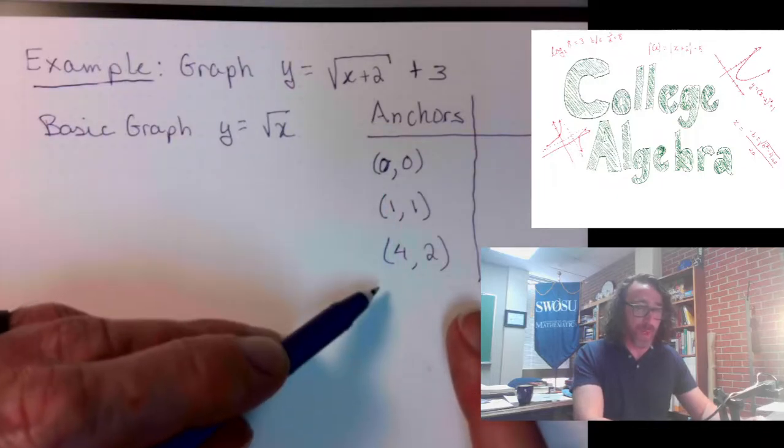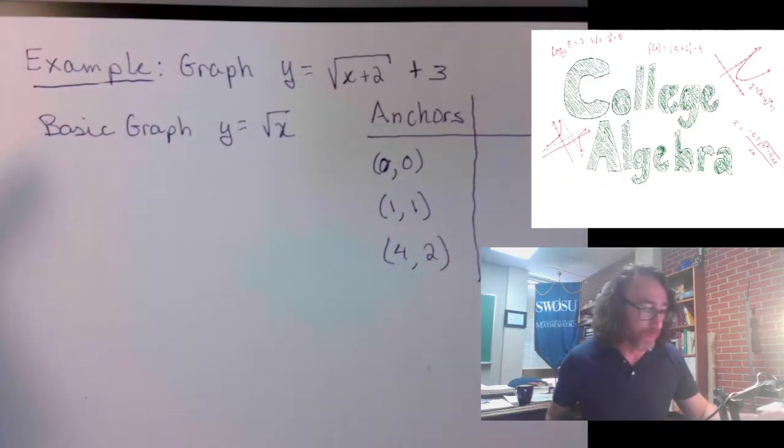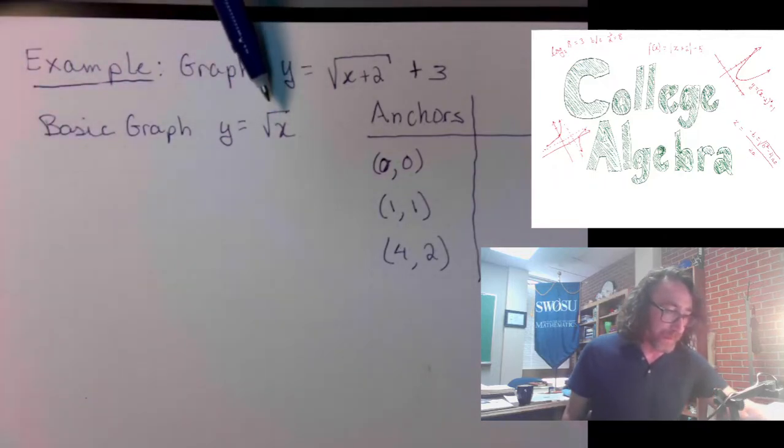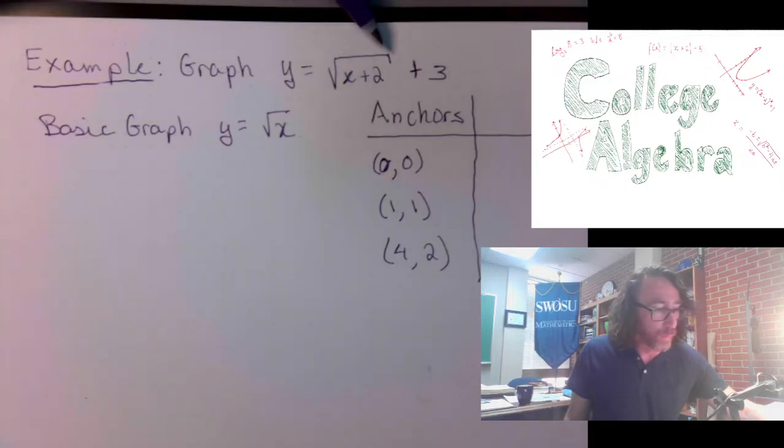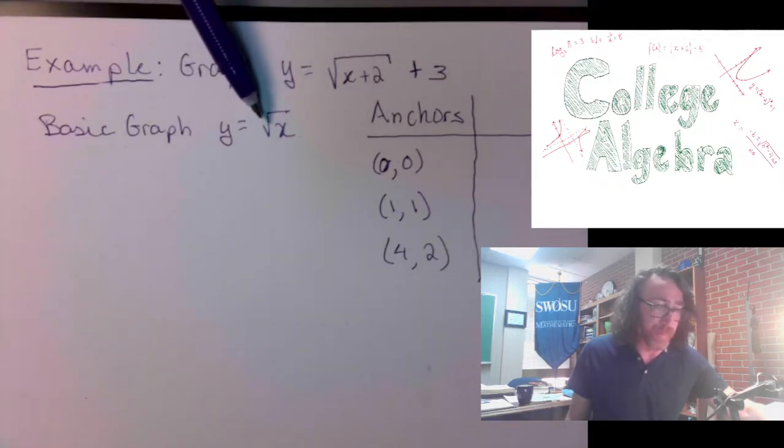These are all on the graph of y equals square root x. We get that because this formula involves the square root. So the graph of this equation is going to be the same general shape as the graph of the square root function. Now, we look at the formula and we see what changes have been made.